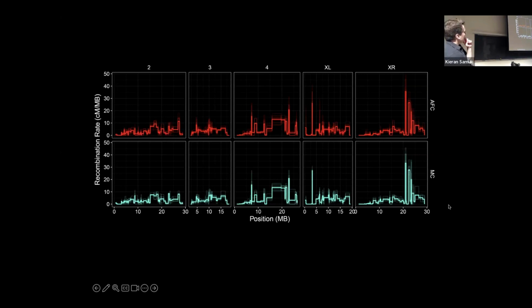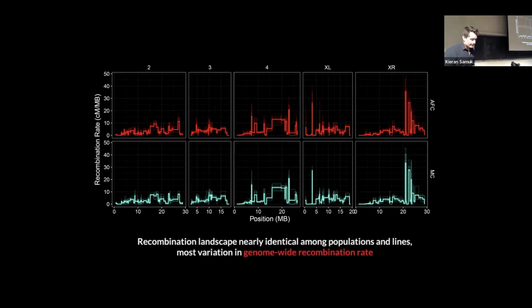You can squint at that for a bit, but basically there aren't any big differences in the recombination landscape, or none that were statistically significant. They're nearly identical landscapes. What is different is that in the populations that differ, the whole thing is either bumped up or bumped down. So this seems to be variation in genome-wide recombination rate.